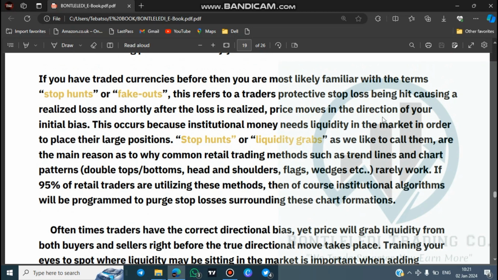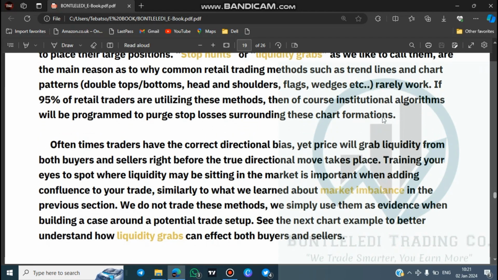Training your eyes to spot where liquidity may be sitting in the market is important when adding confluence to your trades. Similarly to what we have learned about market imbalance in the previous section, we do not trade these methods. We simply use them as evidence when building a case around a potential trade setup.